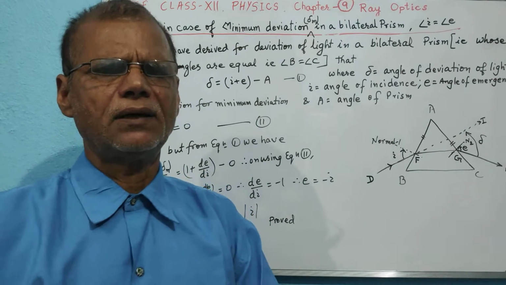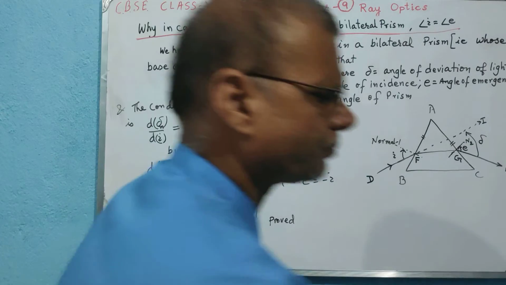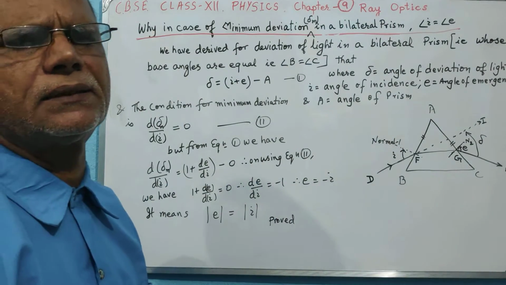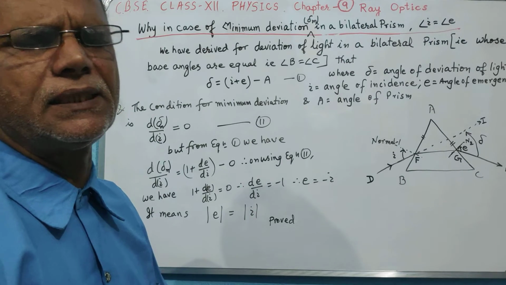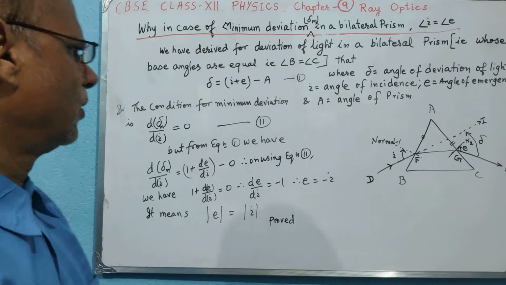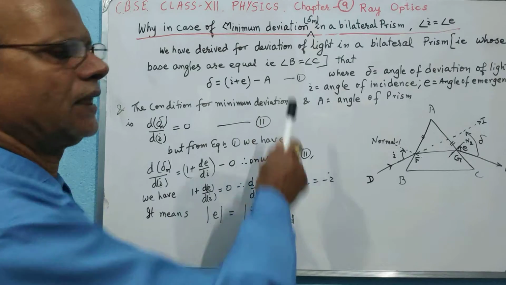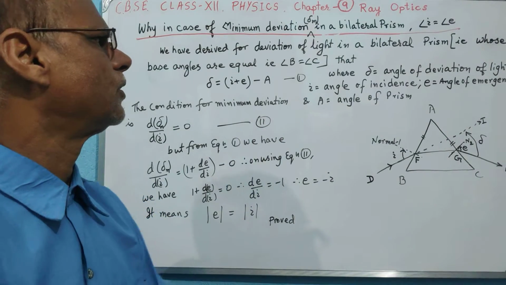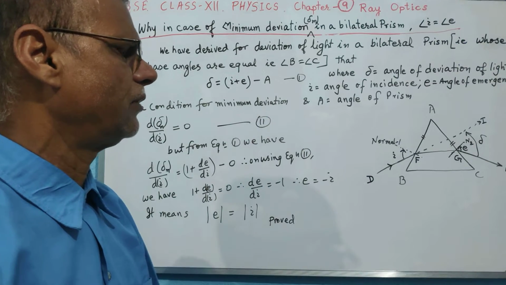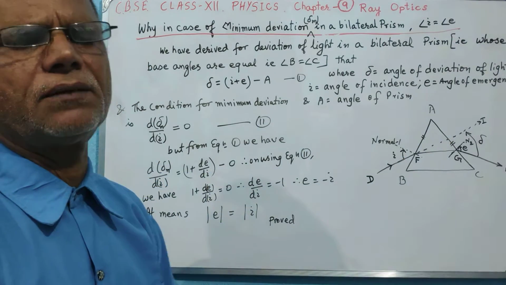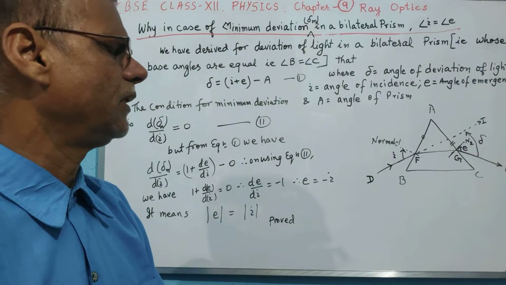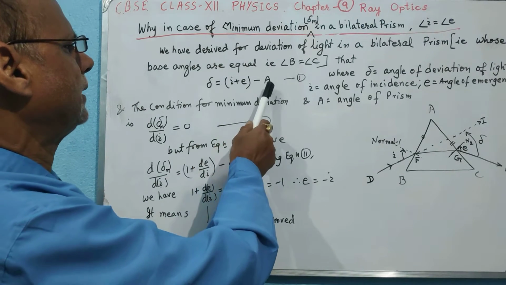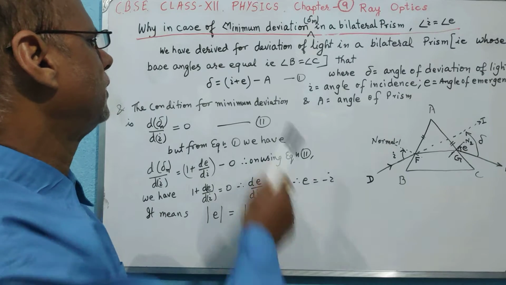Well, you see, we have already derived the relation between the angle of deviation, prism angle, angle of incidence and angle of emergence: delta is equal to I plus E minus A. This condition is derived only when the two sides of the prism are equal. Here A is a constant, not a variable.